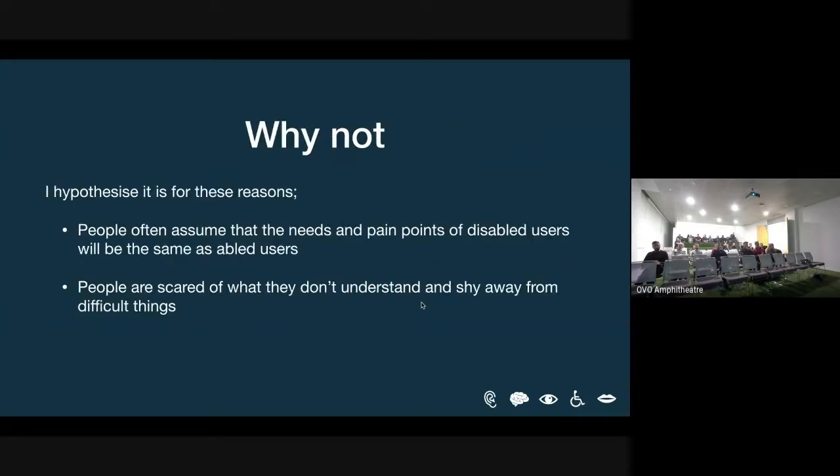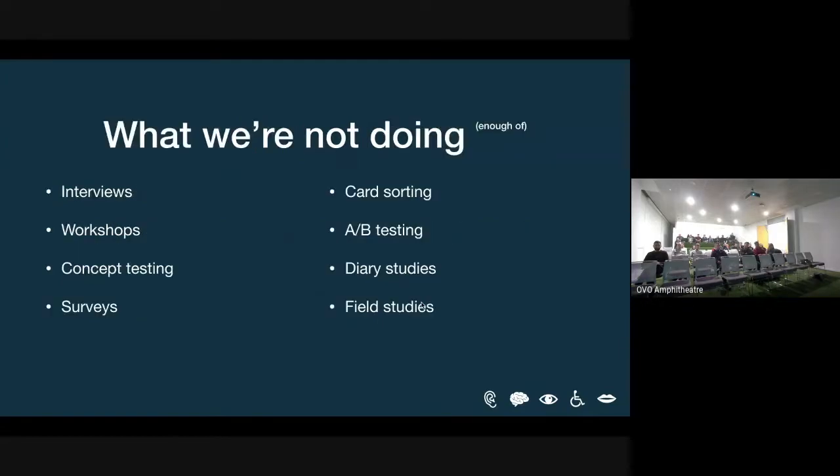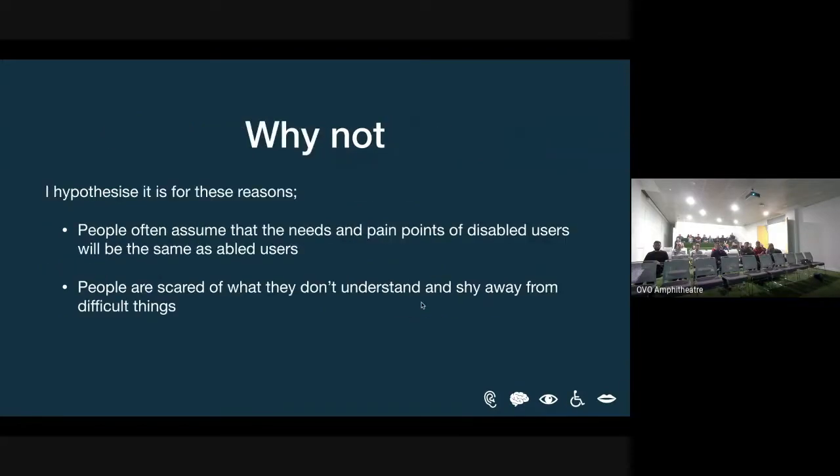So I think, and please, I would also like other perspectives on this, I hypothesize that part of the reason that people aren't included in these more foundational aspects in the discovery stage is because people often assume that the needs and pain points of disabled users will be identical to abled users.